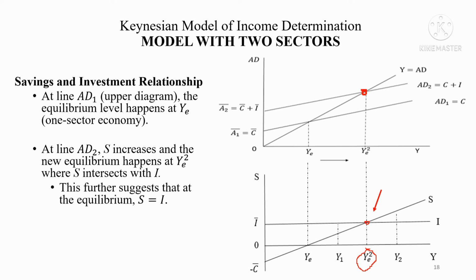It is true because a while ago we solved the value of saving, which is 20, and it is also the amount of the investment, right? So again, in a two-sector model, saving is equal to investment at the equilibrium.